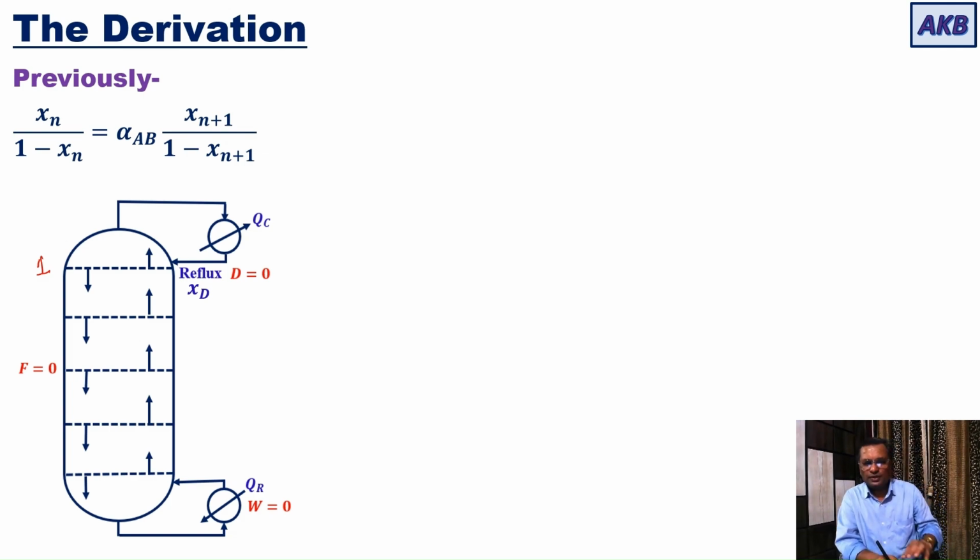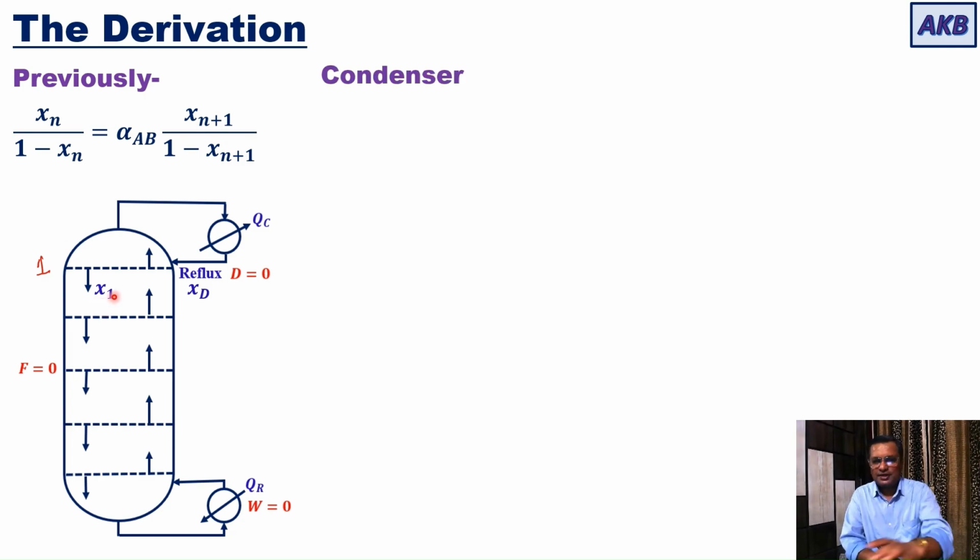Then a liquid stream will be leaving stage number 1, and that liquid stream will have composition X1. The mole fraction of A in it will be X1.